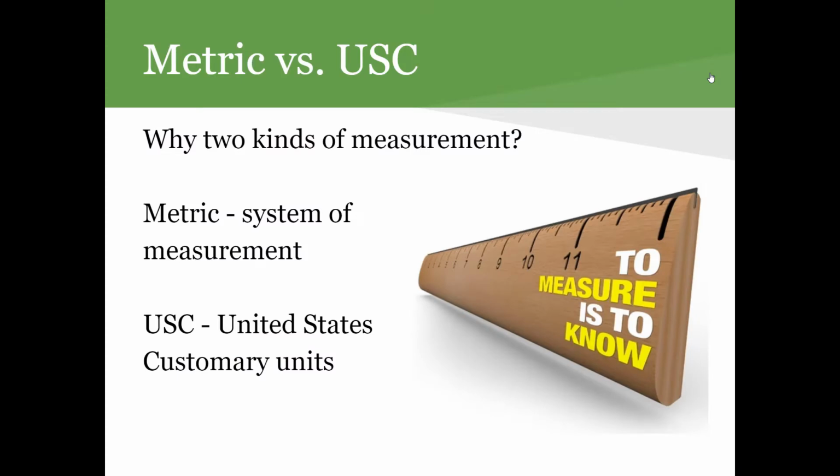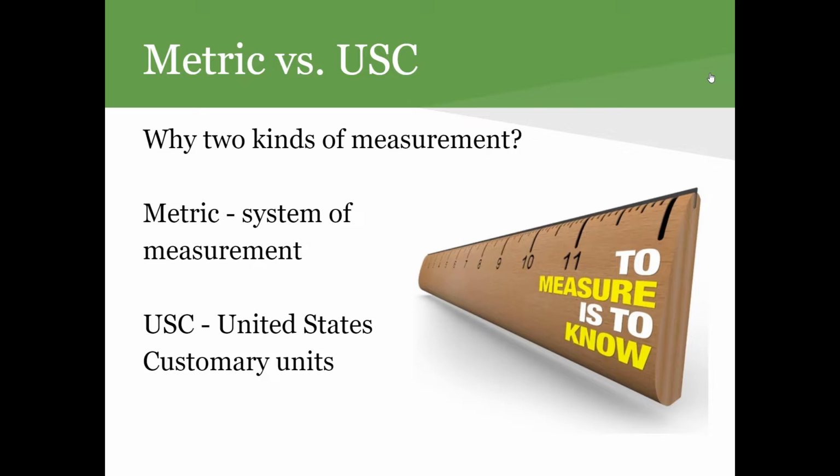So there's mainly two different kinds of measurements. There's the metric one, and that's what basically the whole rest of the world uses, maybe minus one or two countries. But then there's the USCs, the United States Customary Units, and that's what we use, and I think two or three other countries.